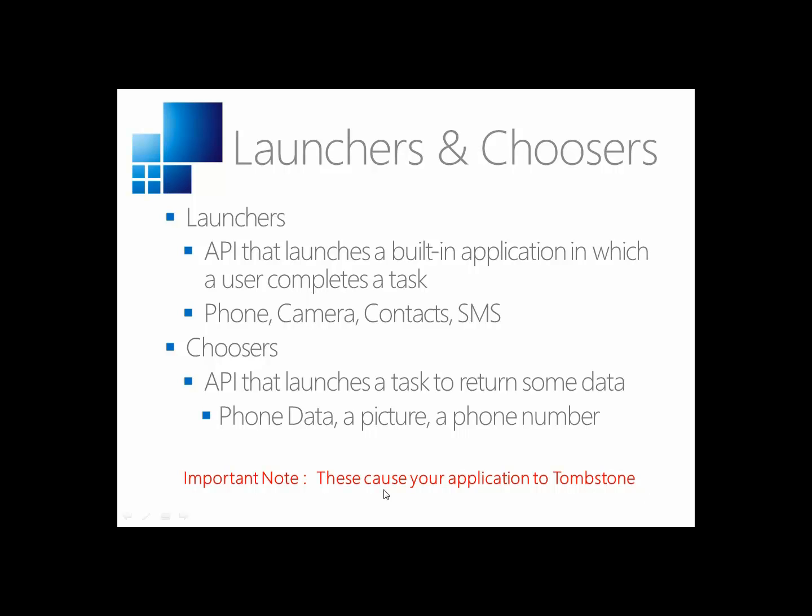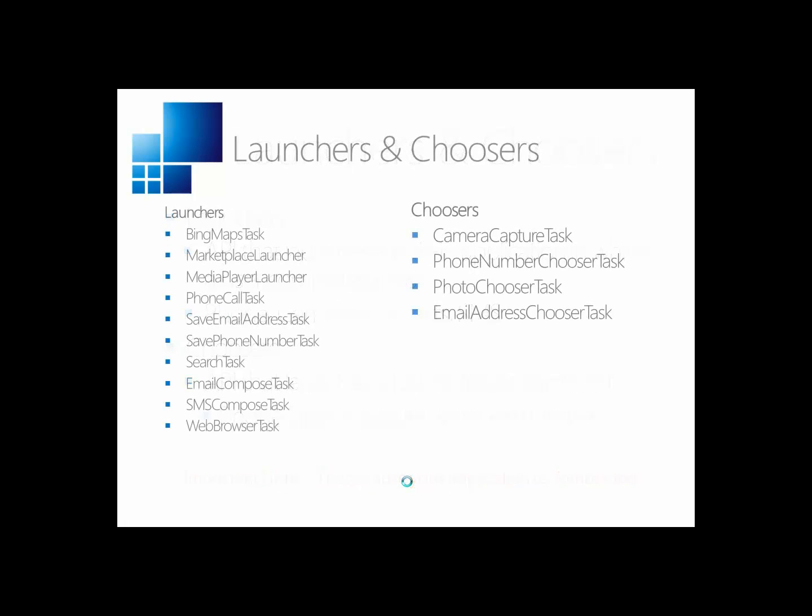Again, as we talked about, utilizing launchers and choosers causes your application to tombstone because you're going outside of your application. So make sure you understand that when you're working with launchers and choosers. These are the launchers and choosers that you have, from the camera capture task, phone number chooser task, etc., SMS, which we already talked about, email compose task, to media player launcher.